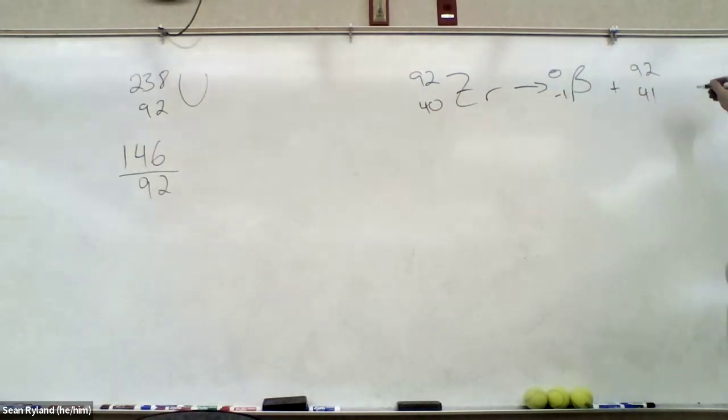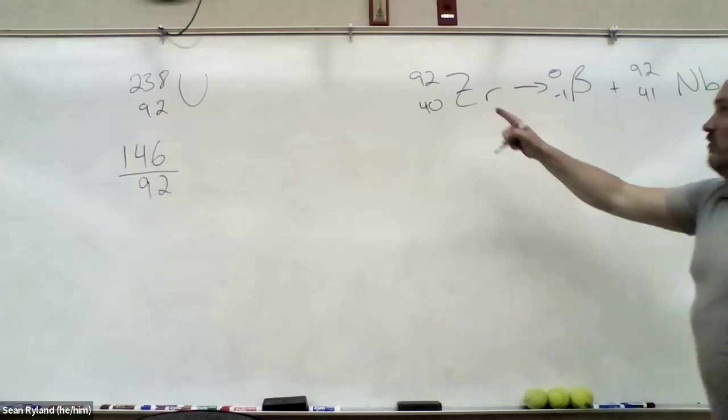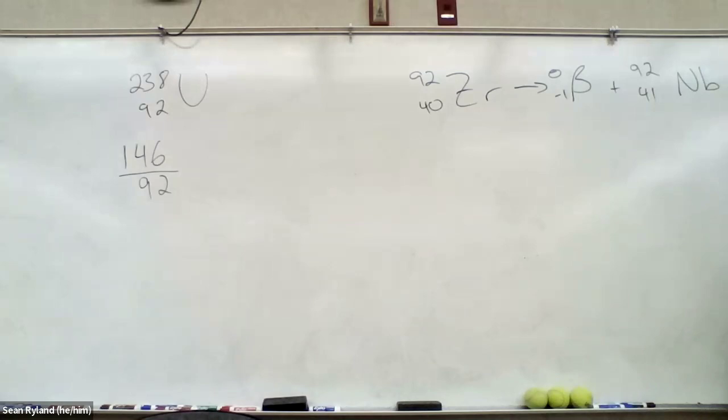That's not zirconium, it's niobium. And now all of a sudden that took us closer to that right ratio that we want to see, right? We were above 1.5. Now we're a little bit closer to 1.5. That moves us closer to that valley of stability.